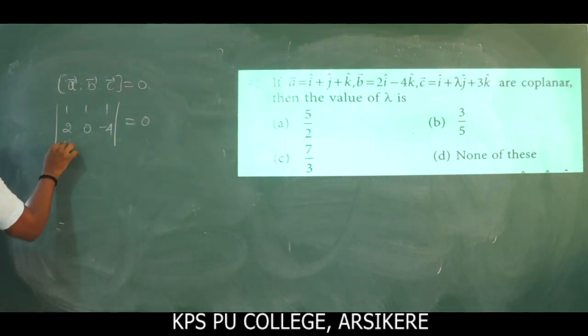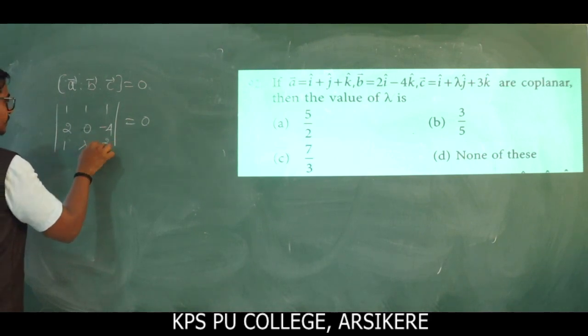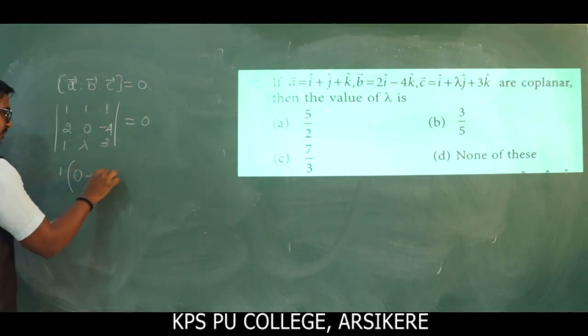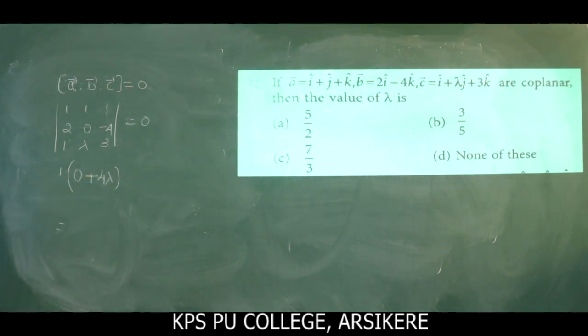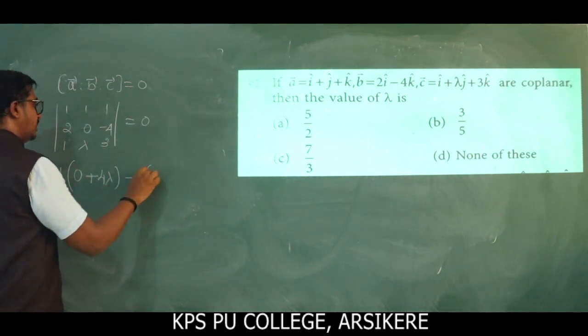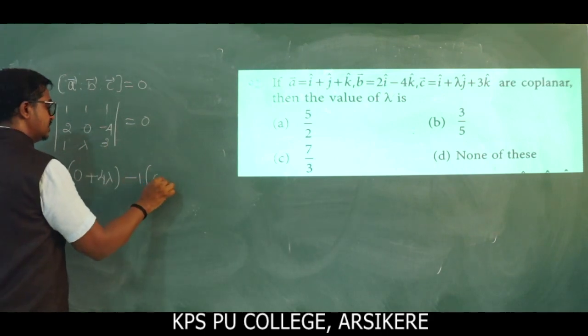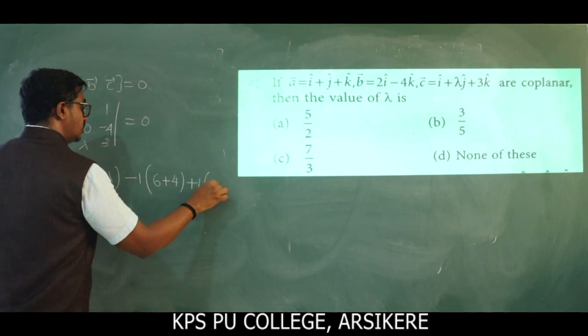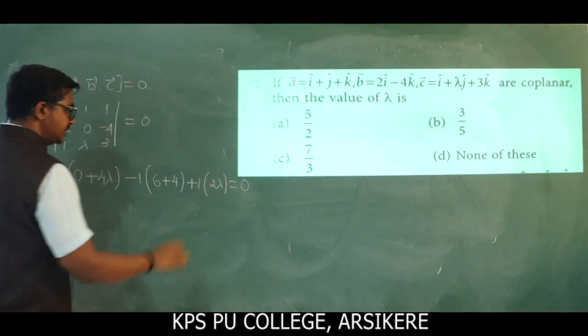Third: 1, lambda, and 3. This is 1 times (0 minus minus 4 lambda, which becomes plus 4 lambda), neglecting the corresponding row and column. Second term: minus 1 times (2 times 3 is 6, minus minus 4, becomes plus 4), plus 1 times 2 lambda is equal to 0.